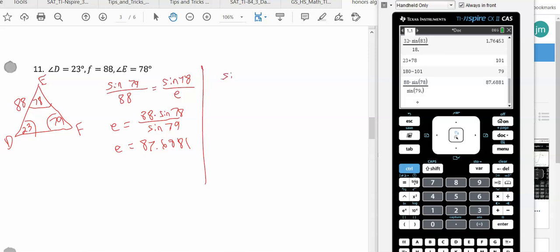So sine of 79 over 88 equals this. Solve for d this time. So sine of 23 over lowercase d. So d is the fraction 88 times sine of 23 divided by sine of 79.